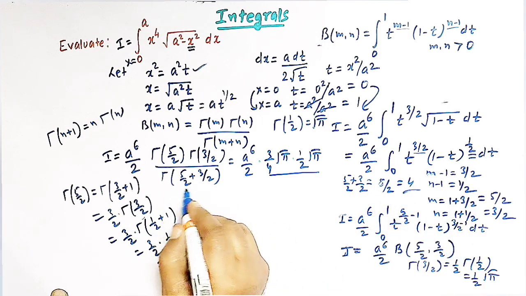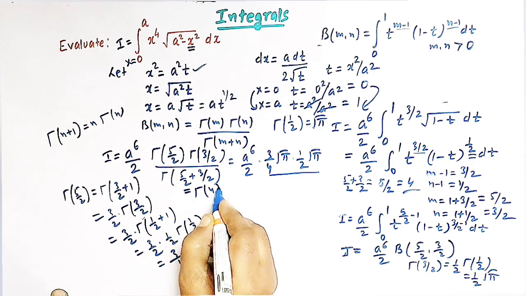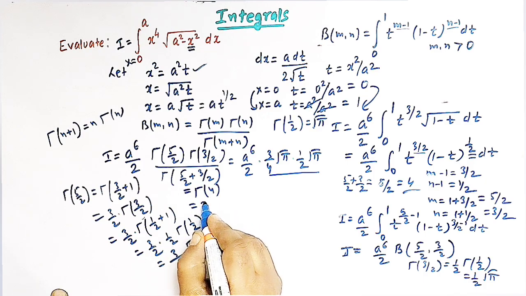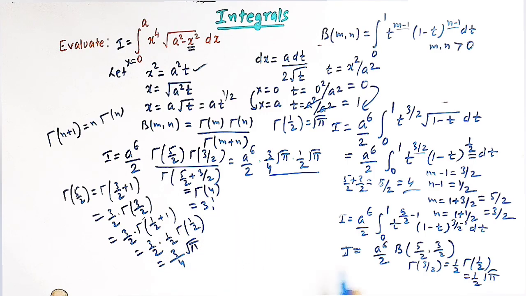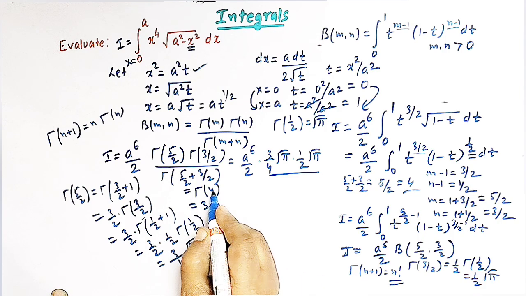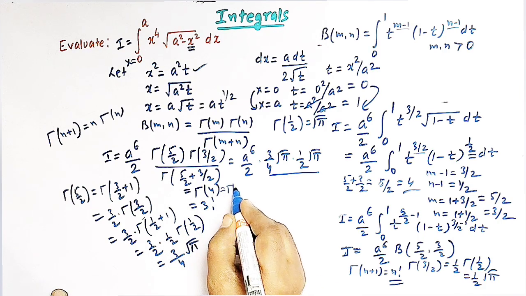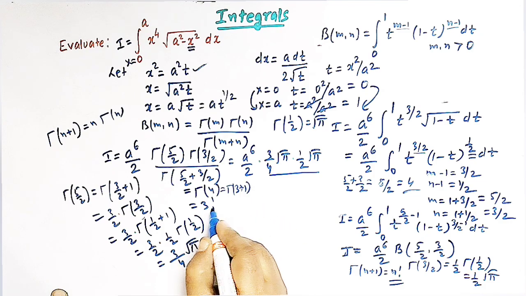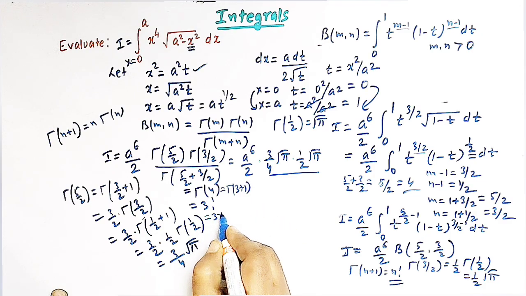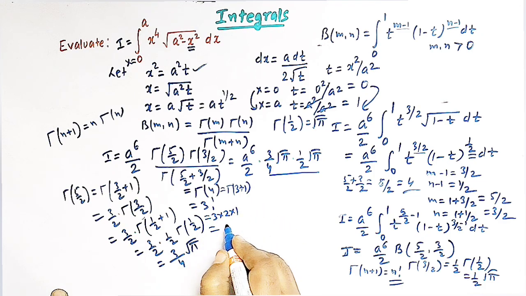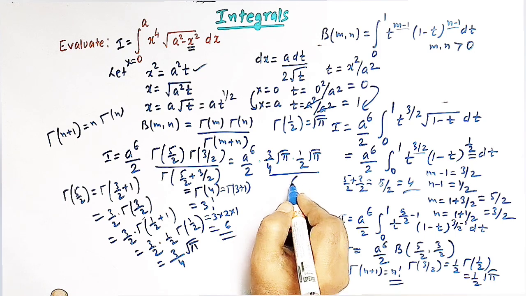So here we have gamma of 4, and gamma 4 is equal to 3 factorial, because we know that gamma n plus 1 is equal to n factorial for any positive integer. So gamma 4 is equal to gamma 3 plus 1. So we have 3 factorial, that is 3 times 2 times 1, that is 6. So here we have 6.